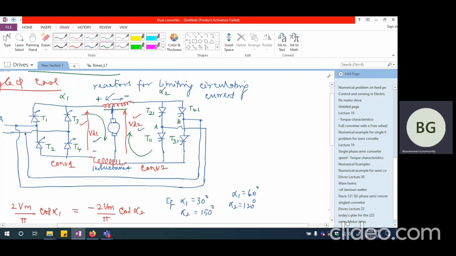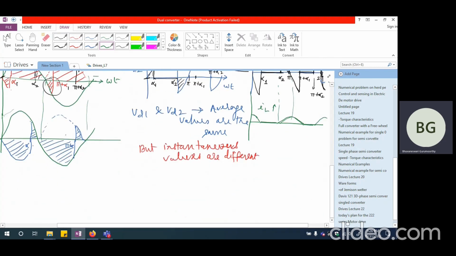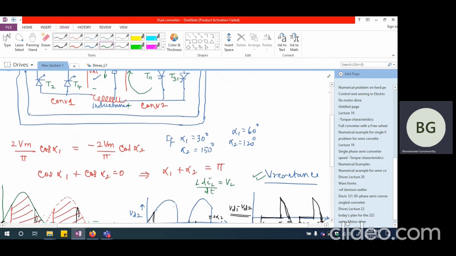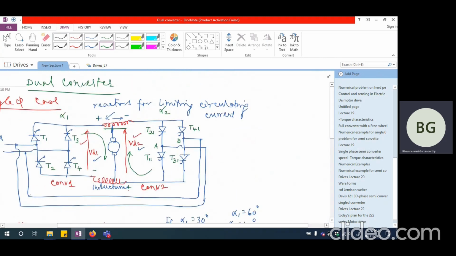Because it is continuous conduction, you have 2 Vm by pi cos alpha 1 or 2 Vm divided by pi cos alpha 2. These values hold because you have continuous conduction with the help of reactances inserted in the DC link along with the separately excited DC motor drive.